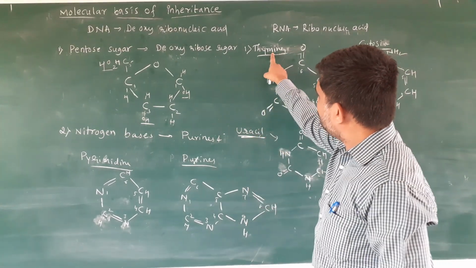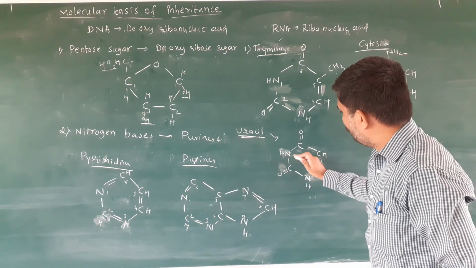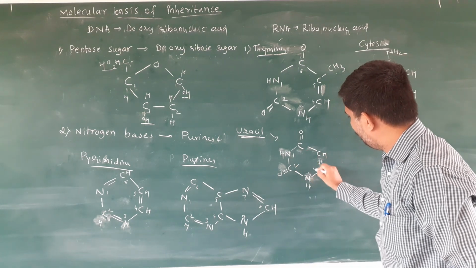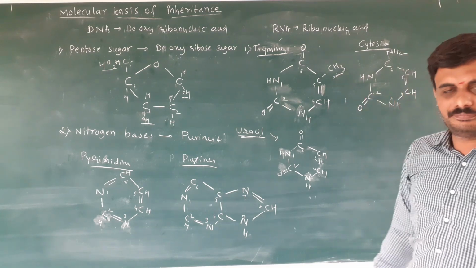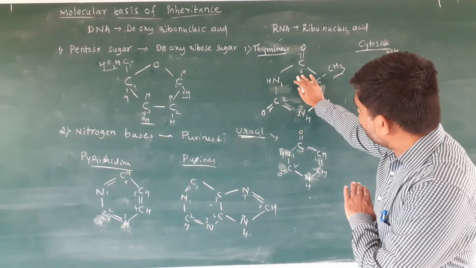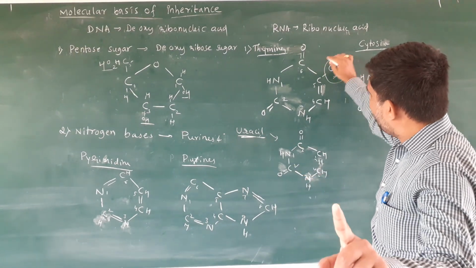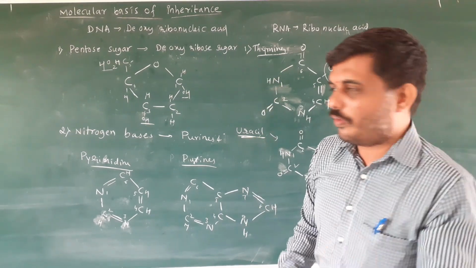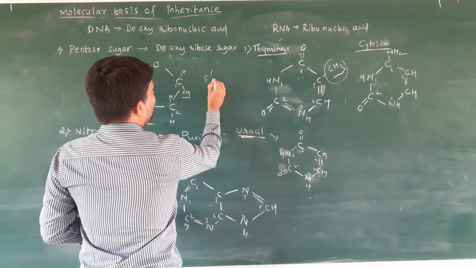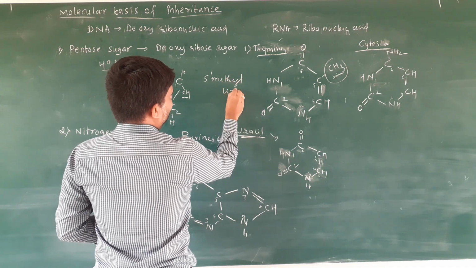What is the difference between thymine and uracil? Counting 1, 2, 3, 4, 5, 6, it is only the methyl group at the 5th position. Thus, thymine is also called methyl uracil.